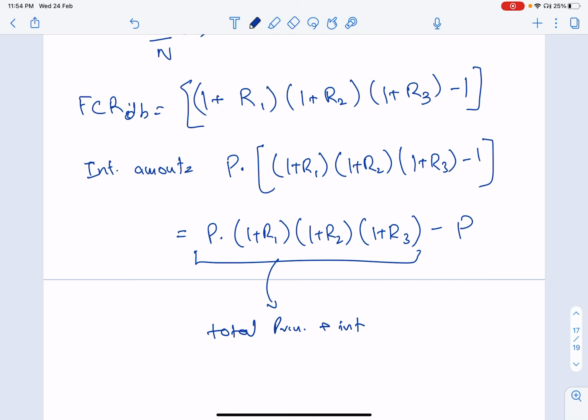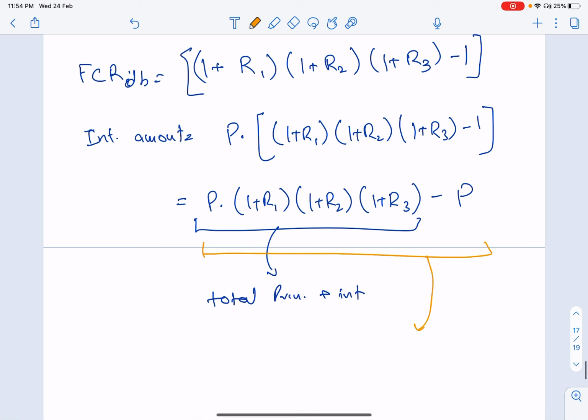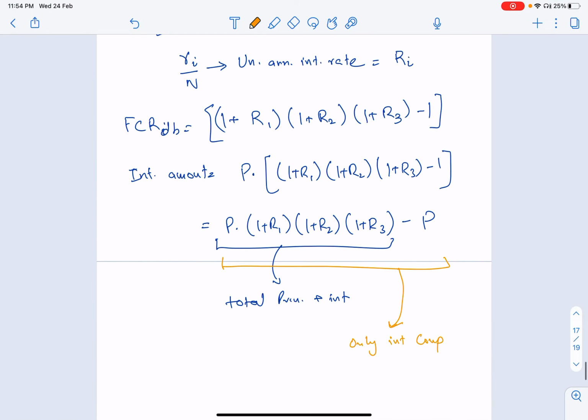However, if we look at all of this, this becomes only the interest component. Right, so this is the breakdown.